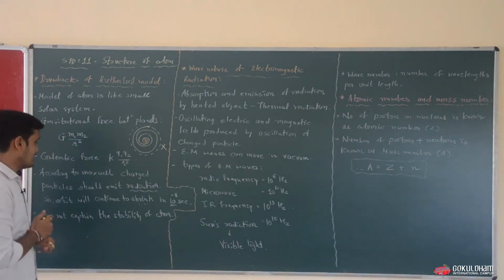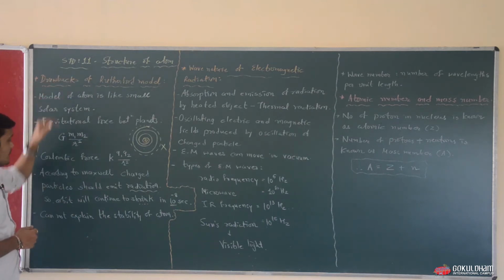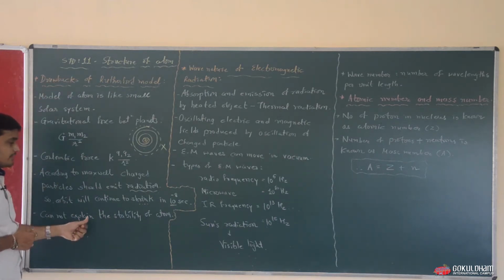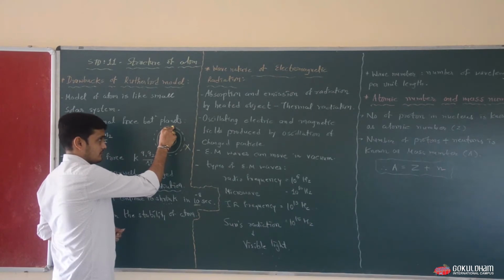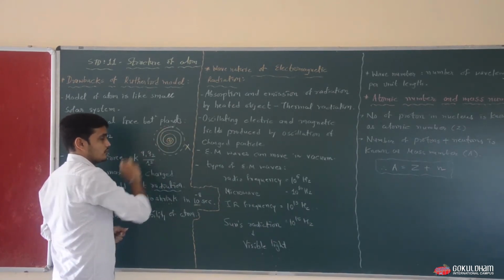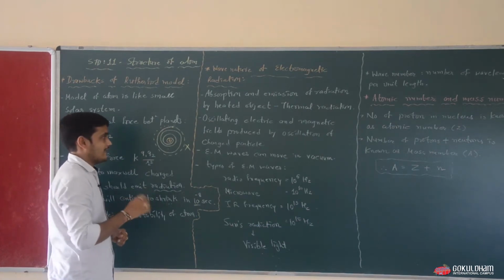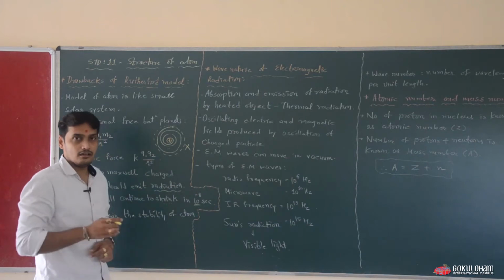So we can say that this Rutherford model cannot explain the stability of the atom, because when the electron moves towards the nucleus or goes into the nucleus, at that time the atom becomes very unstable.